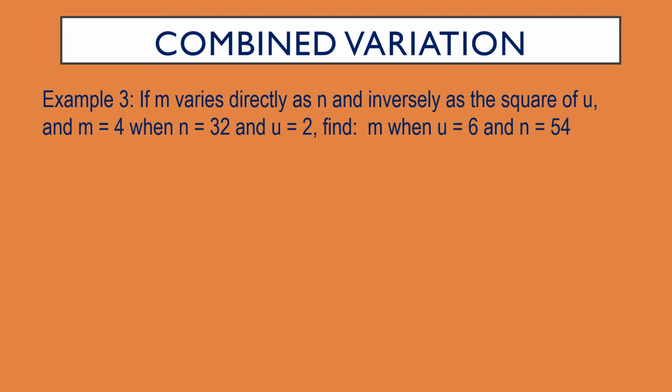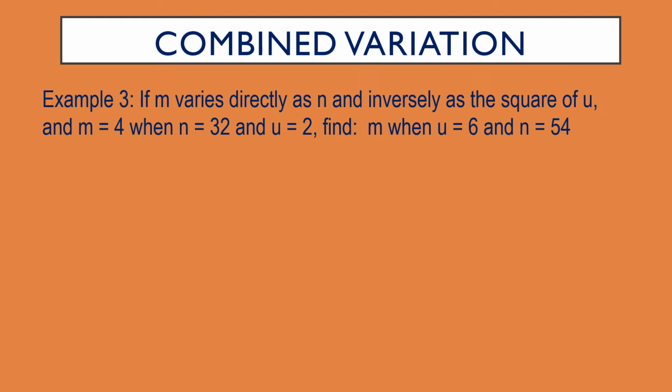Let's have another example. If m varies directly as n and inversely as the square of u, and m is equal to 4 when n is equal to 32 and u is equal to 2, find m when u is equal to 6 and n is equal to 54.